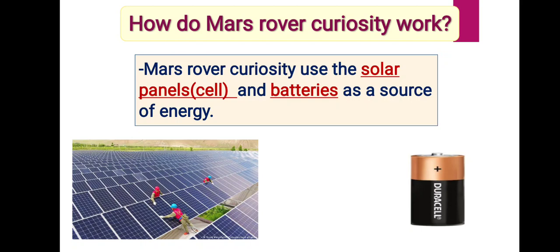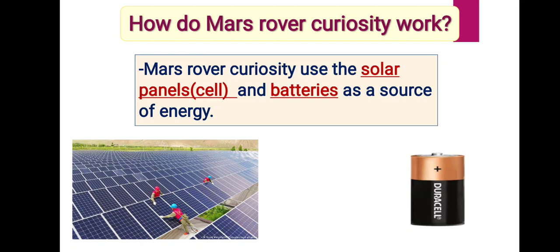As we can see in this picture, the solar panels consist of many solar cells. The solar panels take the solar energy from the sun, which is the light energy from the sun, and change it into electrical energy.